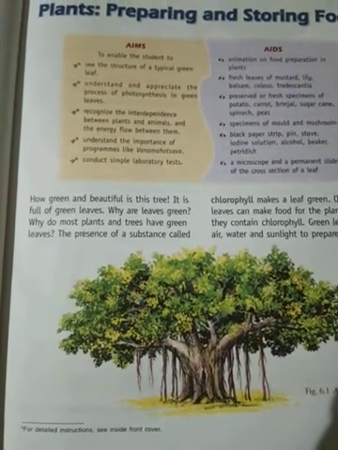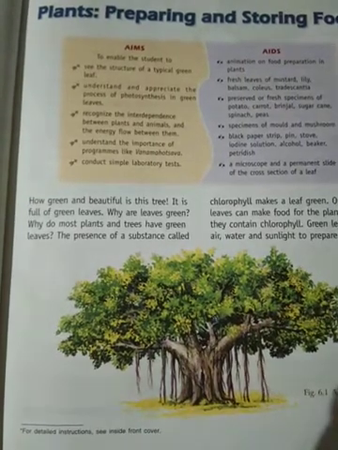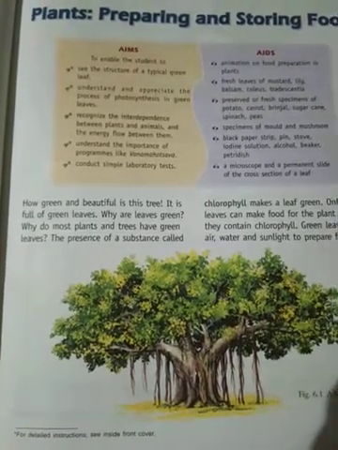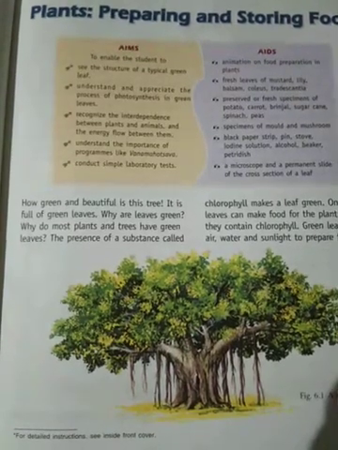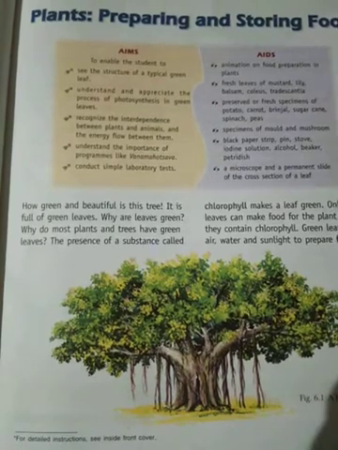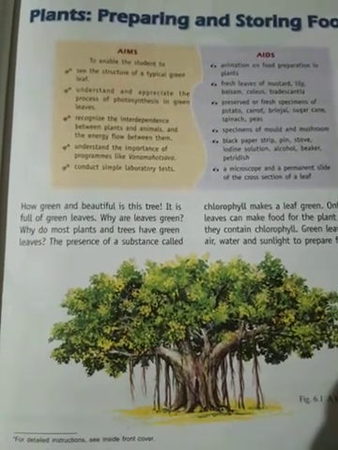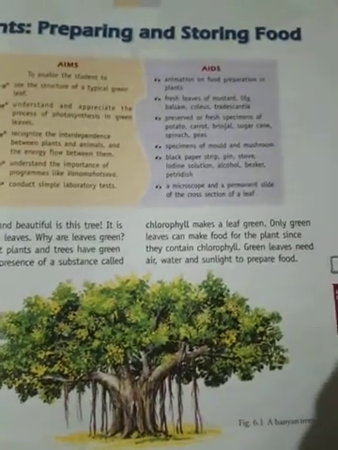But the most important answer, for the last question, why do most plants and trees have green leaves, is that the basic concept behind this green color is none other than the presence of a substance called chlorophyll, which makes a leaf green in color.